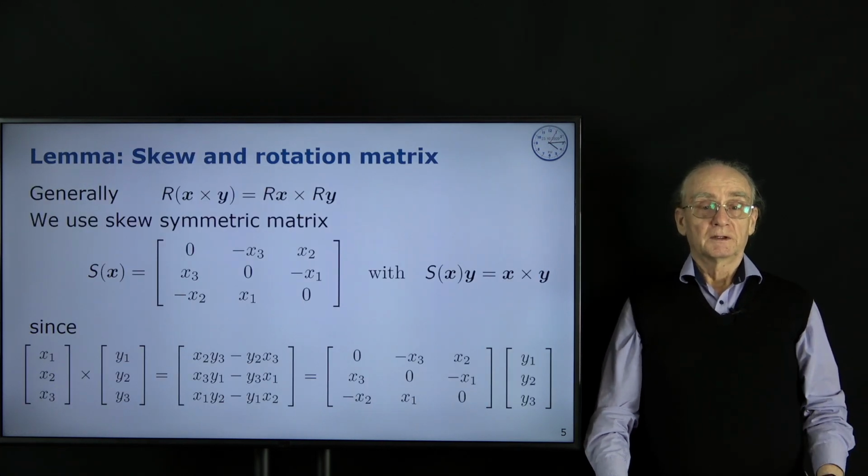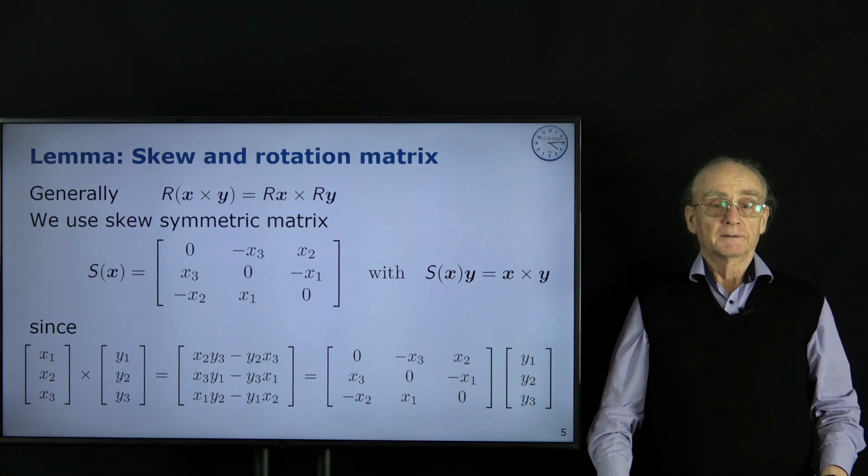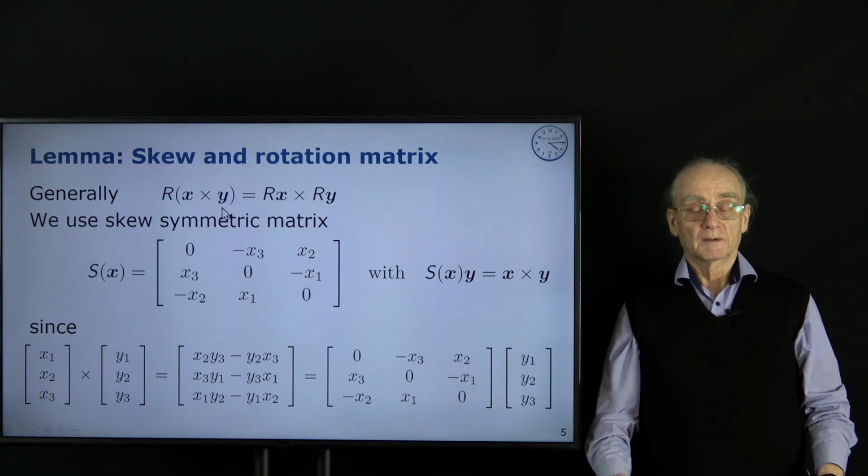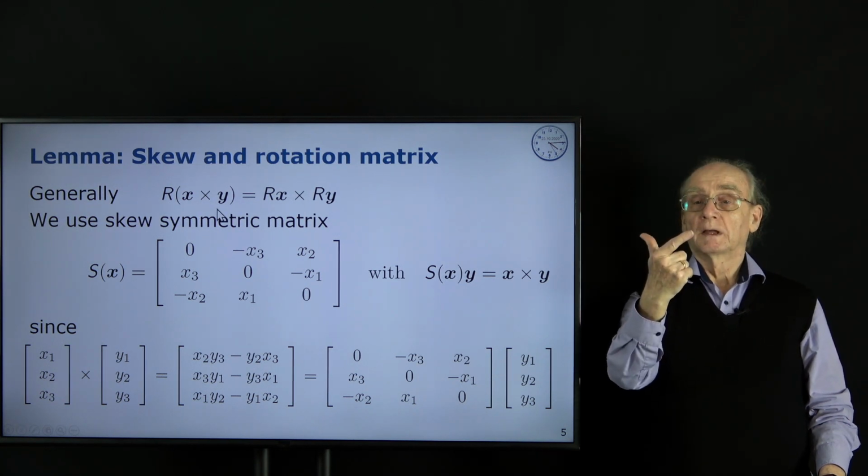The second uses a lemma which is very important, which we use all the time in the future. It relates an arbitrary skew matrix and a rotation matrix. So let's assume we have the cross product of two vectors, let's say these two.